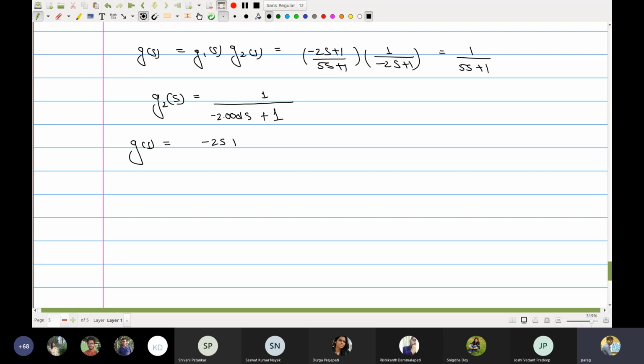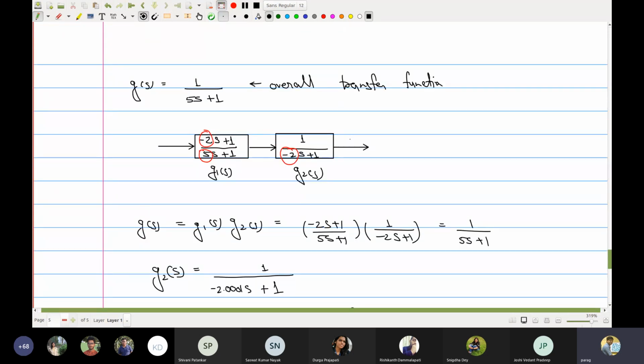The overall transfer function will become minus 2s plus 1 upon 5s plus 1, multiplied by 1 upon minus 2.0001 s plus 1. Now you see, in the previous case, the pole of the second component cancelled the zero of the first component, right?